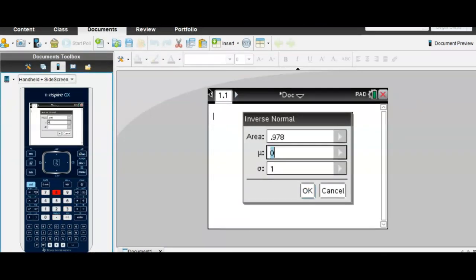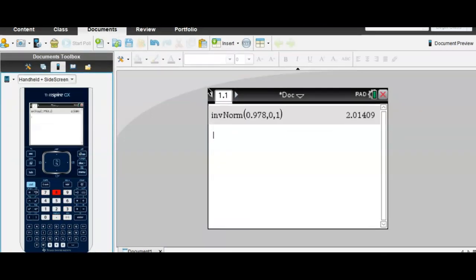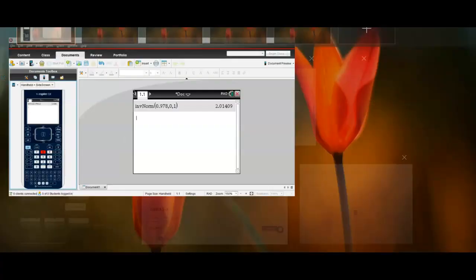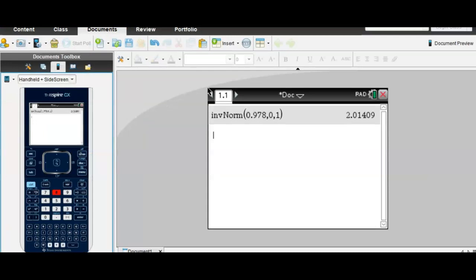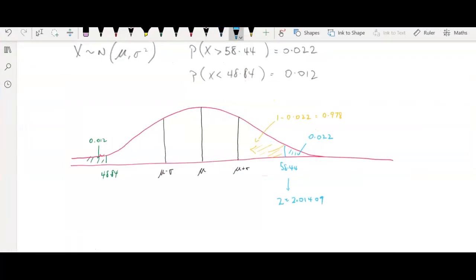Z value 2.01409. I think that was right. Righto, so that's my Z value there for 58.44.